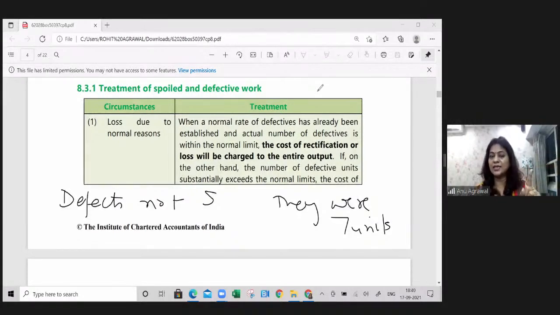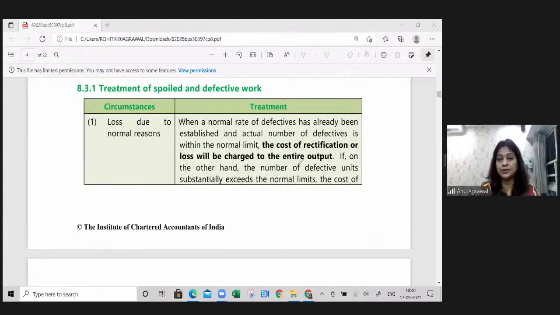Now here ICAI is saying something else. They say you do a rectification expenditure, and after doing that rectification, the things are fine, right? Then that rectification expense will be charged over all the good units which are being produced. But if the defectives are more than the normal limit, they say, then I will not absorb it on all the units. Look at it.